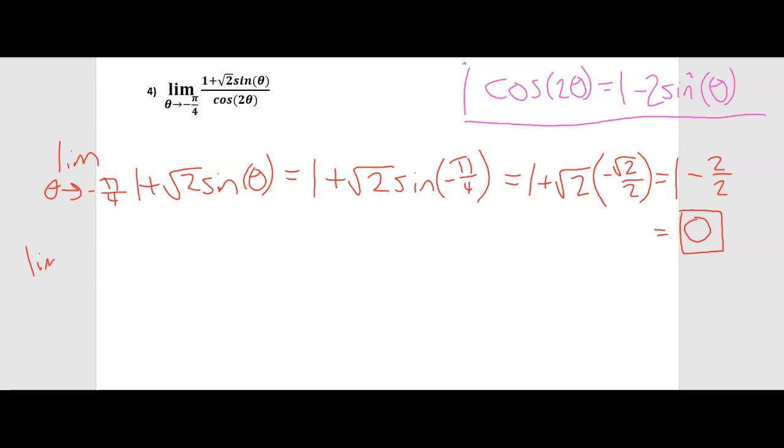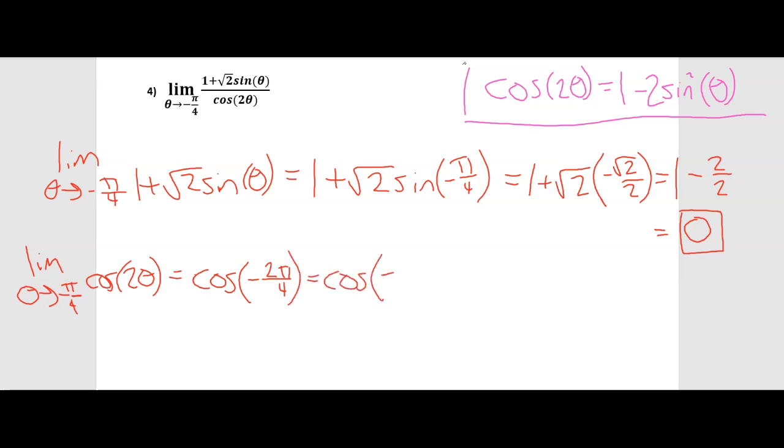Now we try our denominator. So it'll be a little bit easier. If I substitute in negative pi over 4, that's going to give me cosine of negative 2 pi over 4, which is equal to cosine of negative pi over 2.